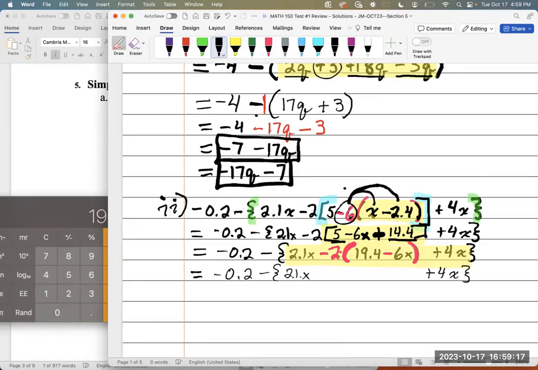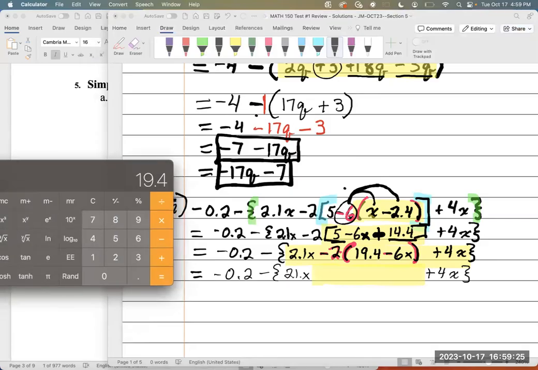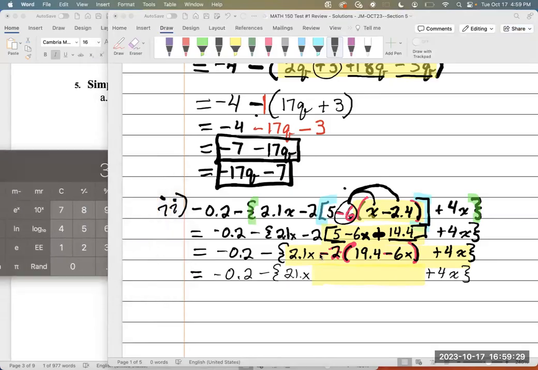All right, that's everything I'm not paying attention to. And here's where I'll put what goes inside. Negative 2 times 19.4. 19.4 times 2 is 38.8. Negative times positive is negative 38.8. This negative 2 times negative 6x, negative times negative is positive. 6 times 2 is 12 times x.